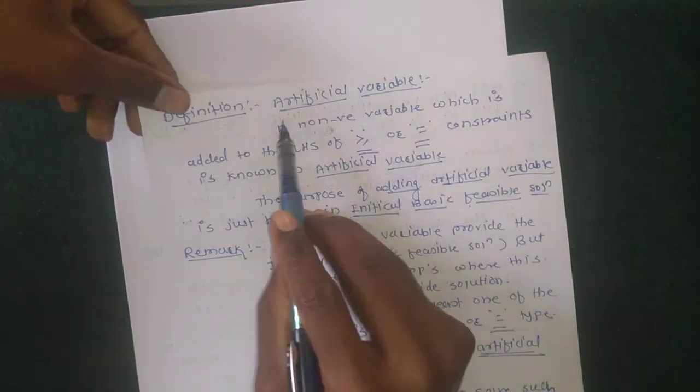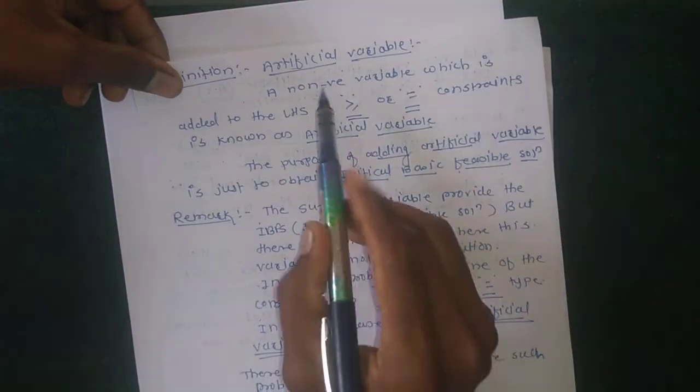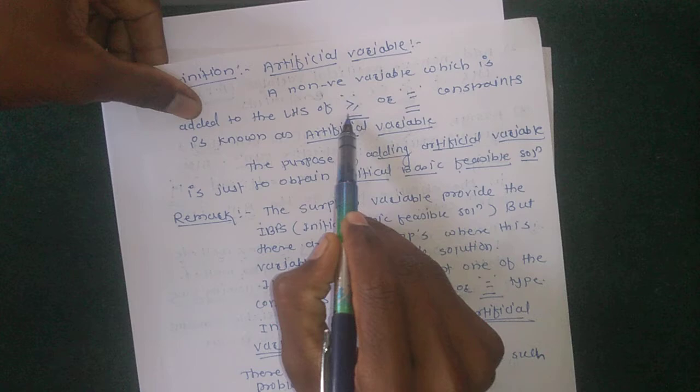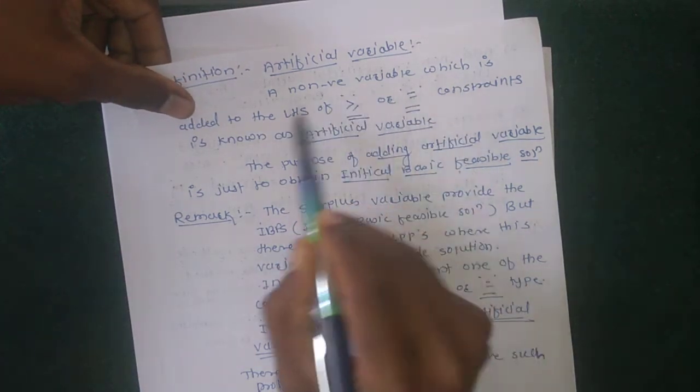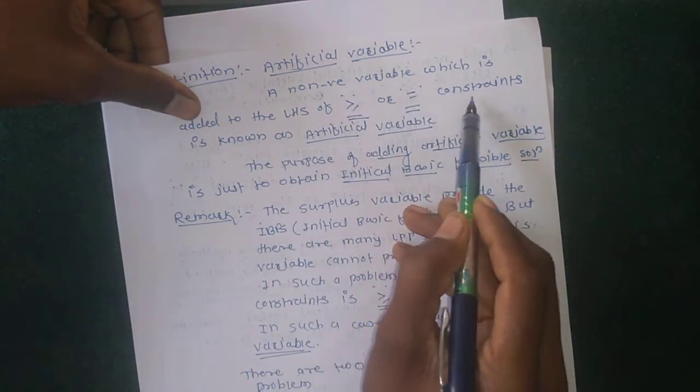The definition of an artificial variable is a non-negative variable which is added to the LHS of a greater than or equal to constraint.